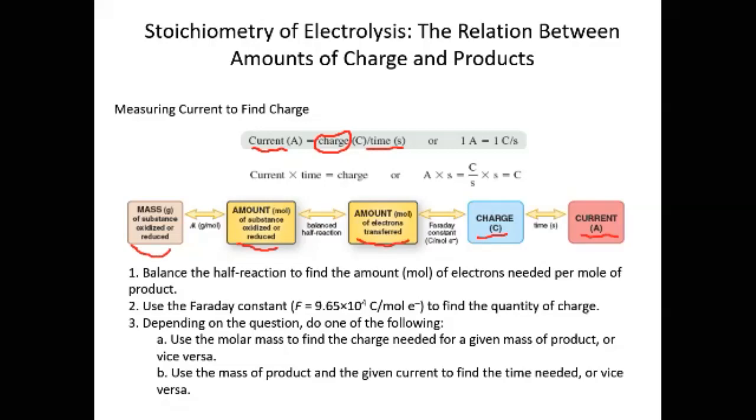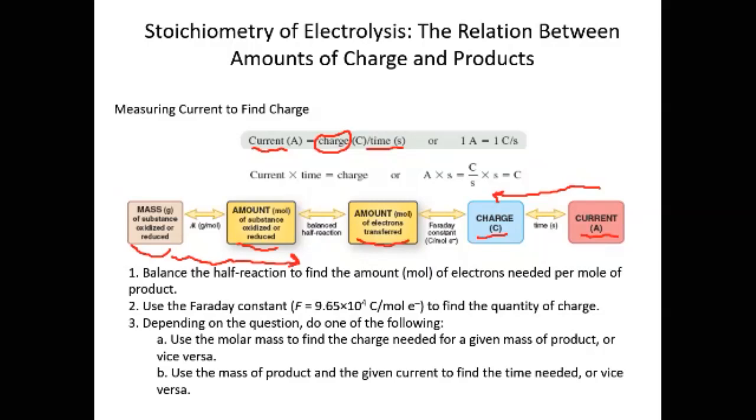So in electrolysis or electrolytic cells, you're either going to go this way if you're given current and time, for example, or you're going to go this way if you're given mass and want to find current. You're going to do one of these directions regardless. You're going to need a balanced half reaction to find the moles of electrons you need for each mole of product. You're going to use the Faraday constant to convert from charge to moles of electrons, or moles of electrons to charge.